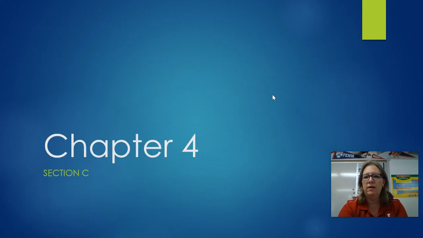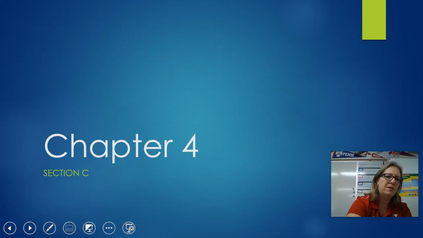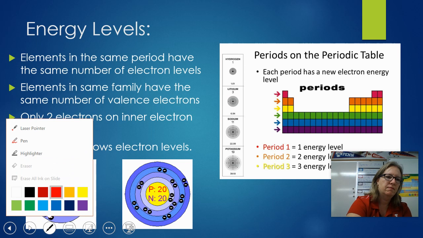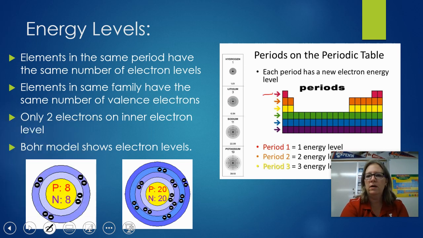So for period 1, I gotta get my pen here. There we go. So for period 1 up there in the red, that's 1 energy level. Period 2 has 2, 3 has 3, 4 has 4, and so on. So every time we go down a row on the periodic table, we're adding a new orbit for those electrons.